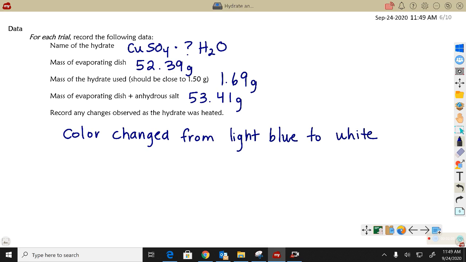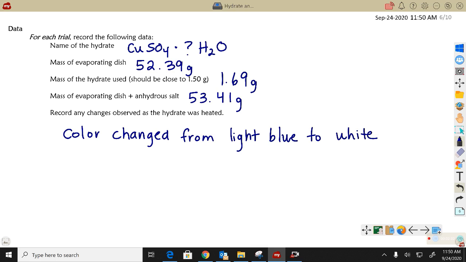All right, so we've got our data, and when you're writing this on a piece of notebook paper or scratch paper, all you have to do in the data section is make sure that you've got the numbers recorded properly. Measurements would be done with proper sig figs, although here we're just measuring things on electronic balances. And you would put units behind all of your numbers.